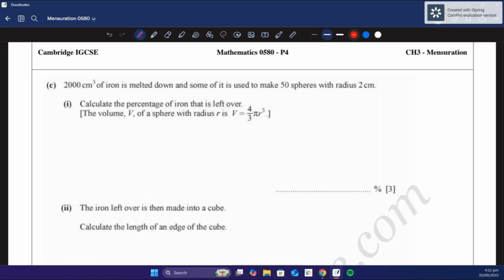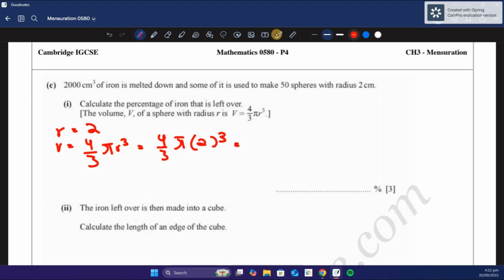Okay, so the radius of one sphere we know is 2, alright, and the volume of one sphere is 4 over 3 pi r cubed, alright. That would mean it's 4 over 3 pi 2 cubed, alright.